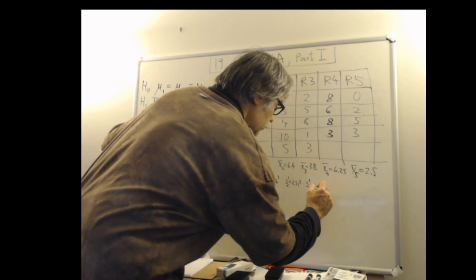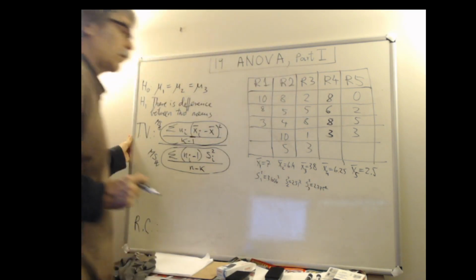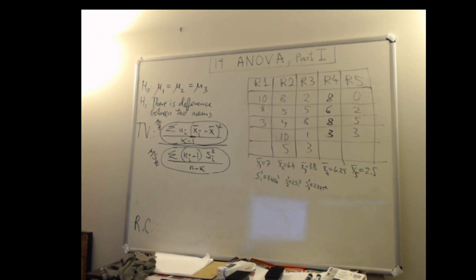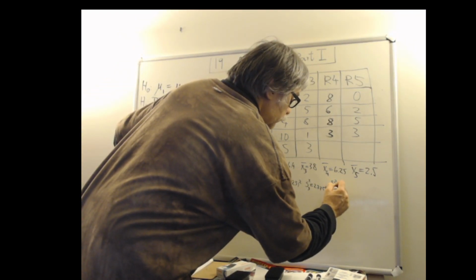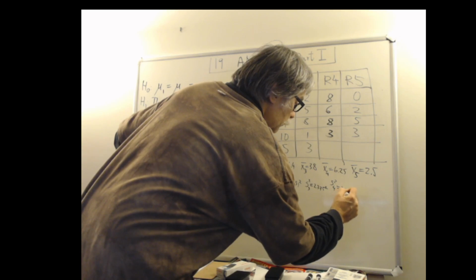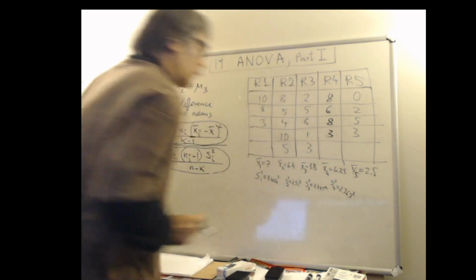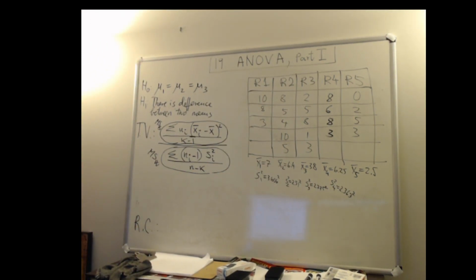This is approximation, of course, so I have to be a little more careful. The fourth row, 2.363. And the last row, I have the standard deviation 2.082.